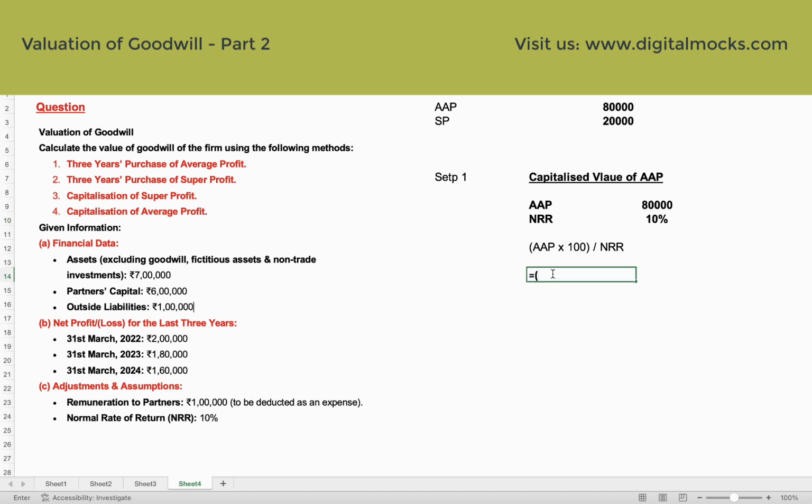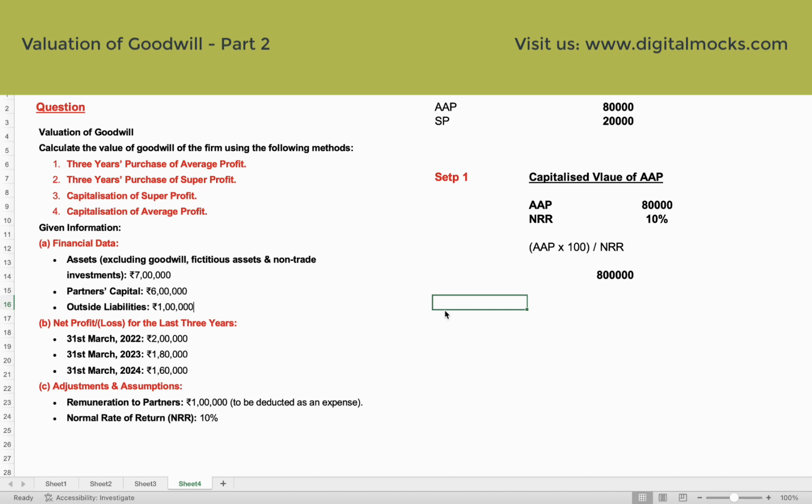Let me apply it: 80,000, our actual average profit, multiplied by 100 and divided by 10, the normal rate of return. So we need to put 8 lakh rupees. That is known as the capitalized value of AAP. This is our step 1.